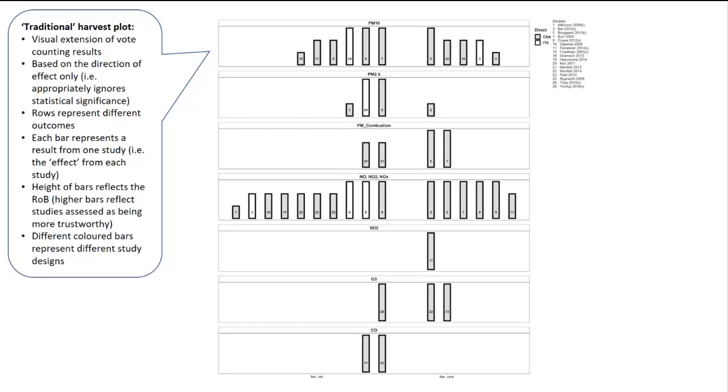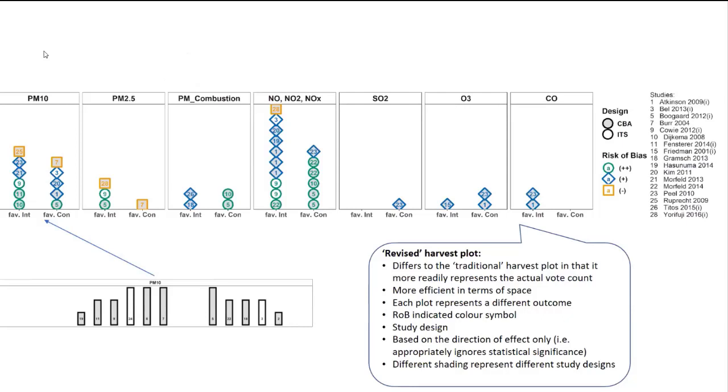And if we go to the next slide, Jo, we've got a reworking. We've had a look at the harvest plot and are trying to make it a little bit more accessible and readable. So here we've got the vote counts again, and you can see there's multiple plots there, one for each of the outcomes. Now, this is quite efficient in terms of space.